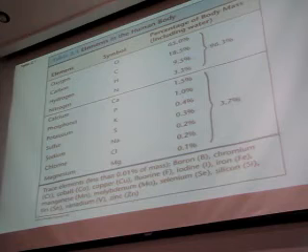Once in a while, I have somebody ask me, should they memorize this table? People are trying to figure out what they need to know for the test. How many of you think memorizing this table would be a really good idea? You don't need to memorize the table. If you're spending time memorizing the table, you're probably missing bigger ideas. How many of you think you should know the four elements that make up 96% of living matter?